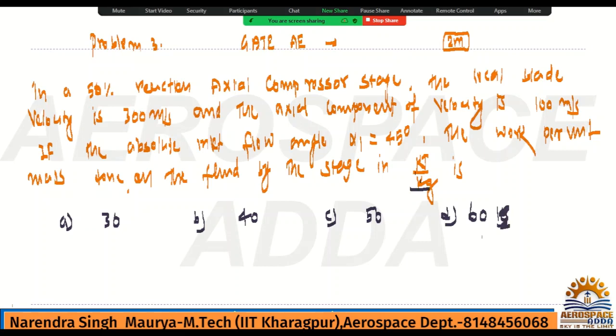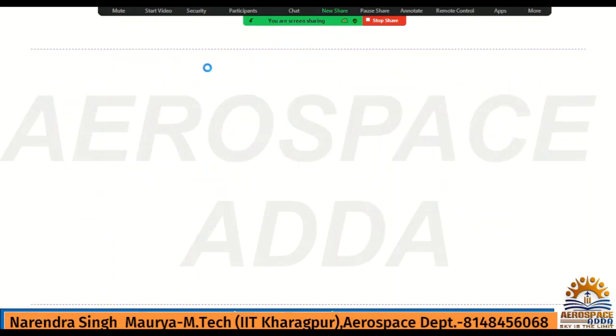Okay, so we'll solve this. Again, for the axial compressor we need to draw the velocity triangle, and with the help of the velocity triangle we'll be able to solve this problem. So now I am going to draw the velocity triangle. Check carefully.